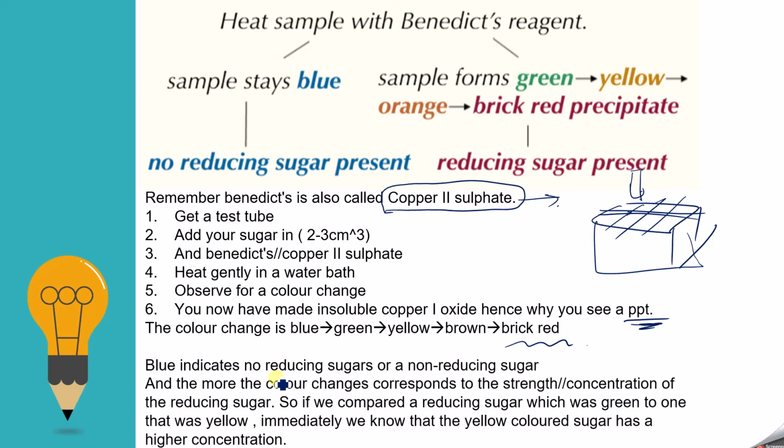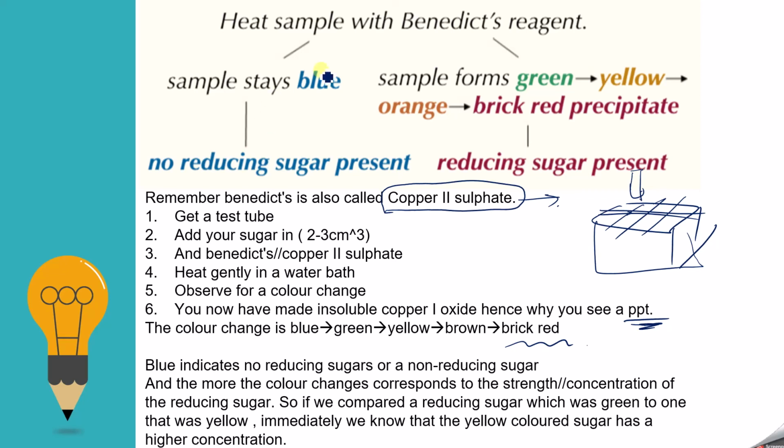So blue indicates no reducing sugars, or it could also indicate a non-reducing sugar, but we don't know that until further tests. For now, blue means no reducing sugars. The more the color changes, the higher the concentration of the reducing sugar.